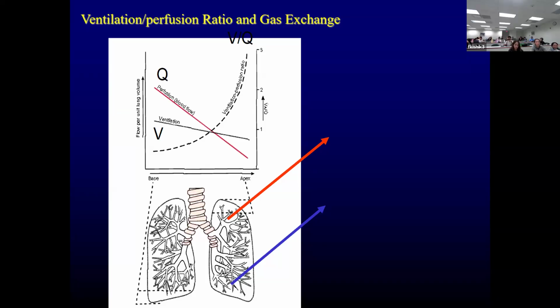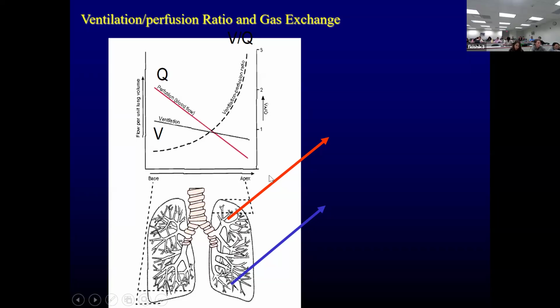That's an absolutely true statement, and the entire pulmonary physiology depends on it. If I look at the perfusion, this is the base of the lung and this is the apex, the top of the lung. I draw a line. The blood flow is higher at the base and decreases as I go to the apex. That's a gravity effect.